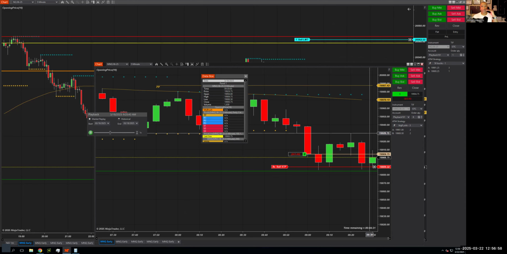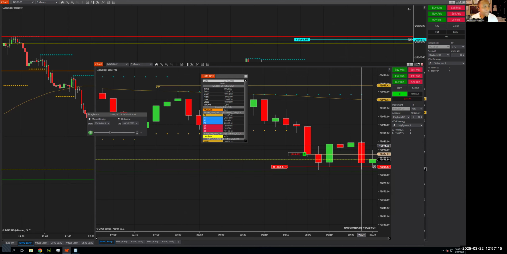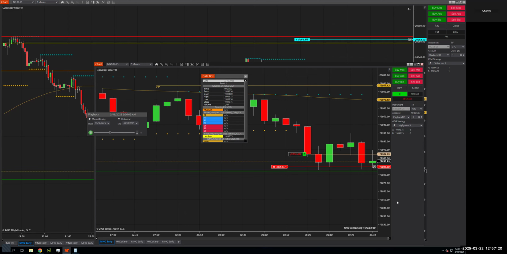And I have 2 of them just sitting back as a runner. So if the market keeps going up and it knocks out all the other ones, I got that last 2 contracts just sitting back waiting for a really big trade. Do they take different profits? Like if you take profit on one contract, another contract?